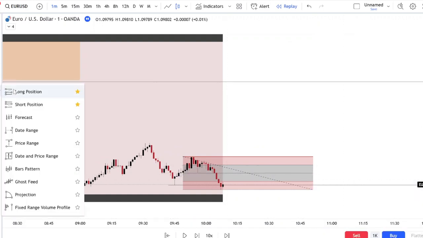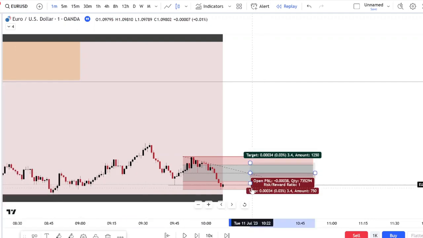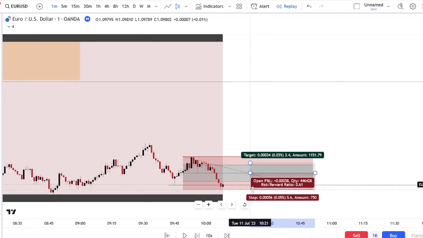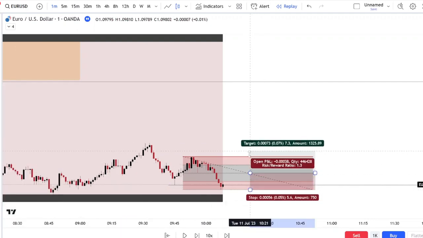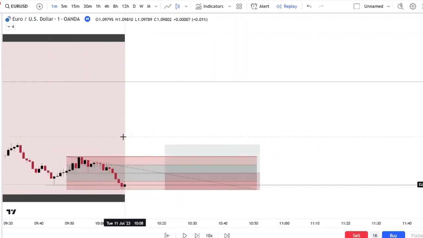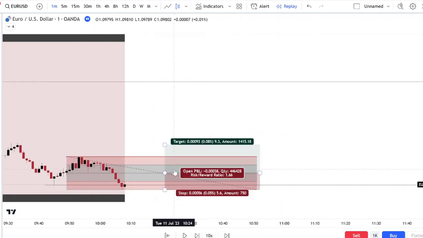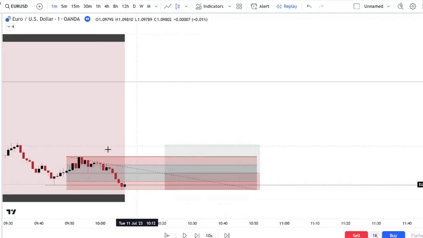So once price reaches this level here, you would be waiting for a buy. And this would be almost a 2 to 1, a 1 to 1.6.